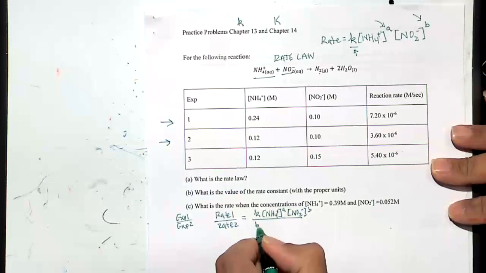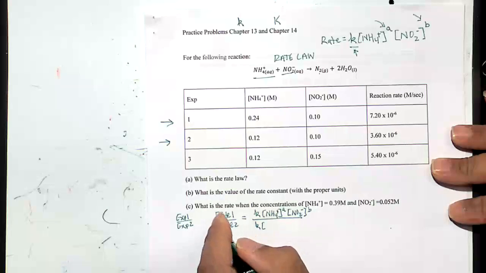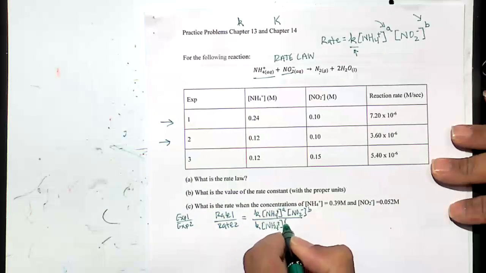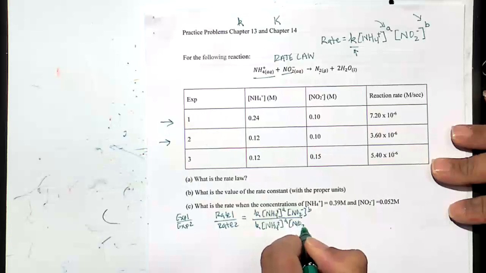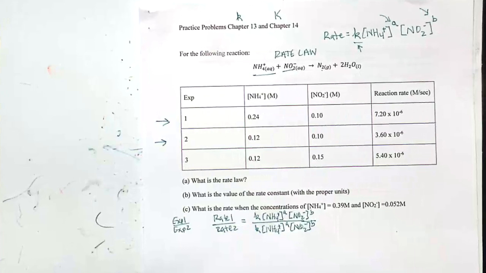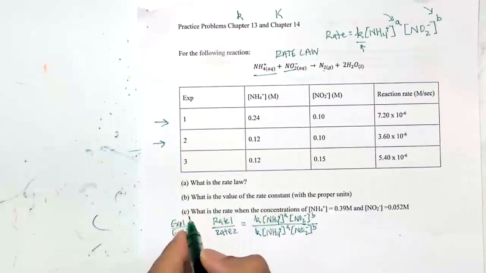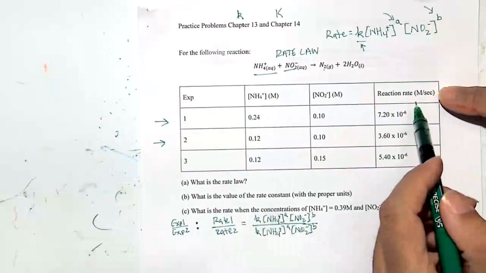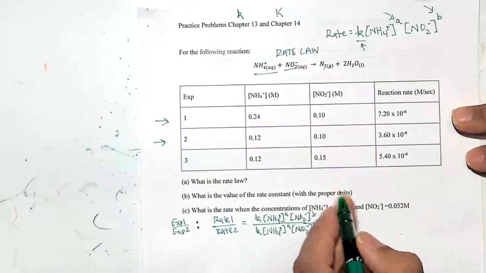We'll do the same thing, making a comparison of the two rates, NH4 plus to the power A, NO2 minus to the power B. Rate 1 here is 7.20 times 10 to the minus 6 molarity per second.